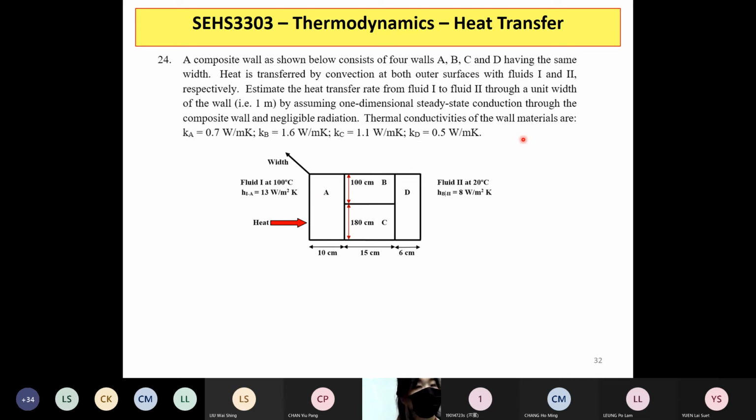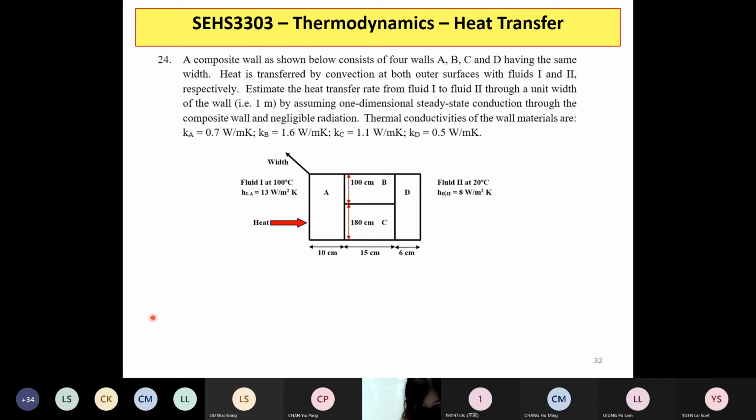By the assumption of one-dimensional steady-state conduction through this composite wall, we also ignore the radiation. We know the thermal conductivities of these wall materials, and here we give you the convective heat transfer coefficients. So let's solve this problem.